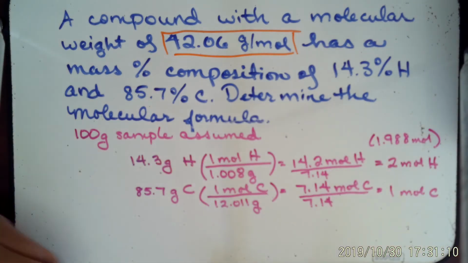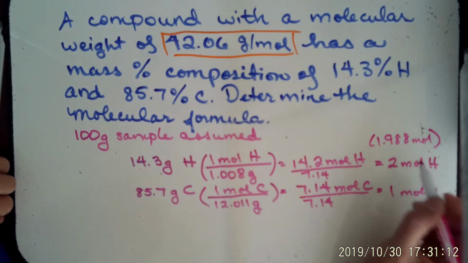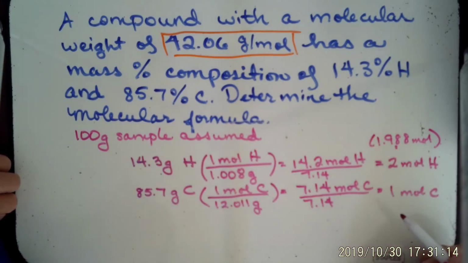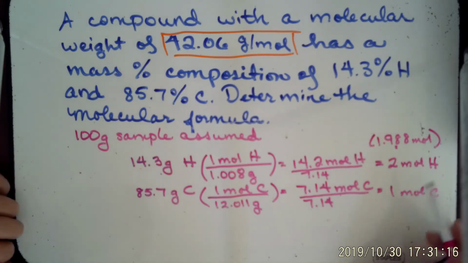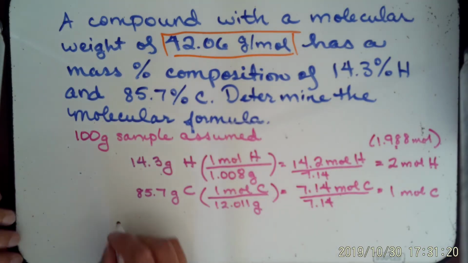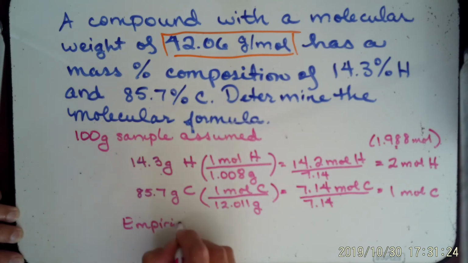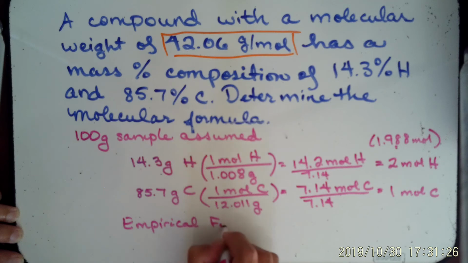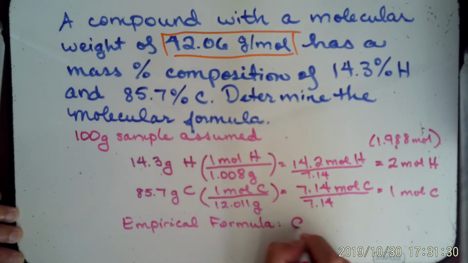So we're going to round it up to 2. You can see that we're very, very close, within 0.1. Okay, so now we have our empirical formula. Our empirical formula is C1H2.